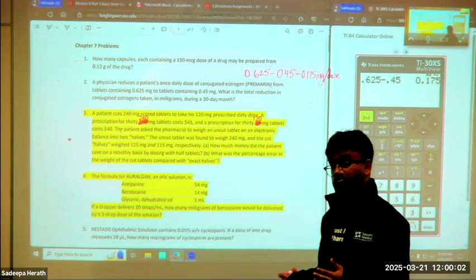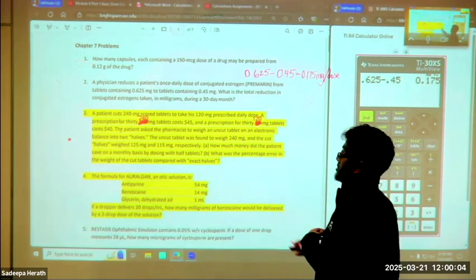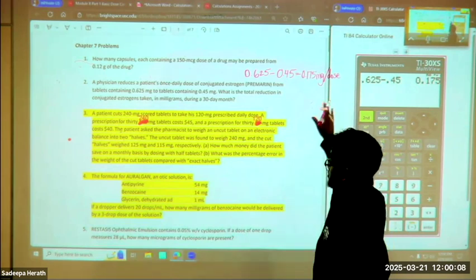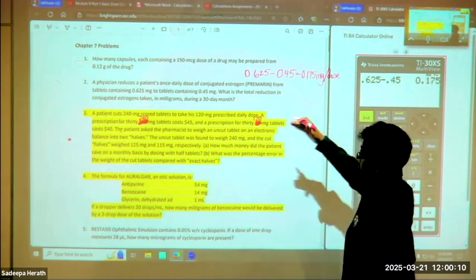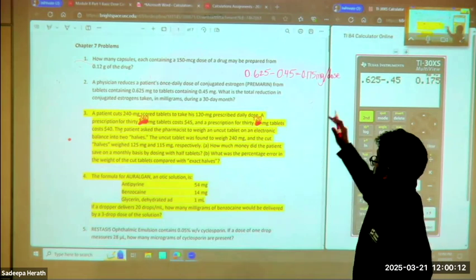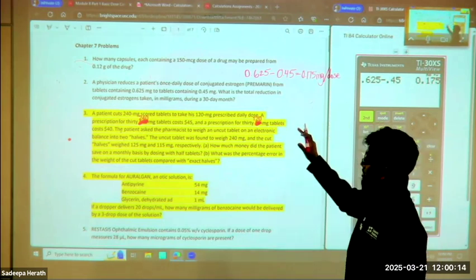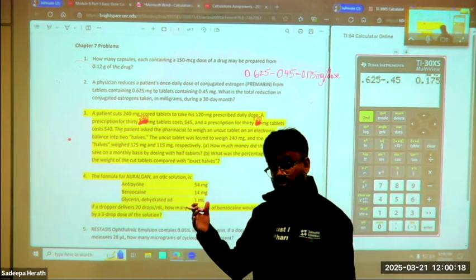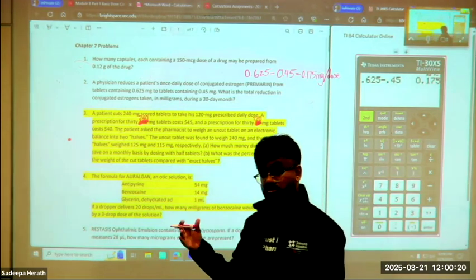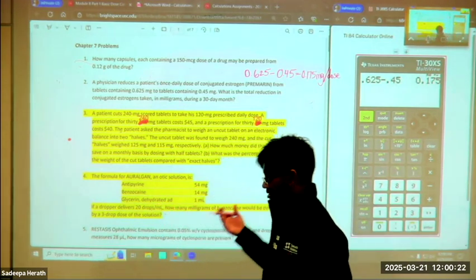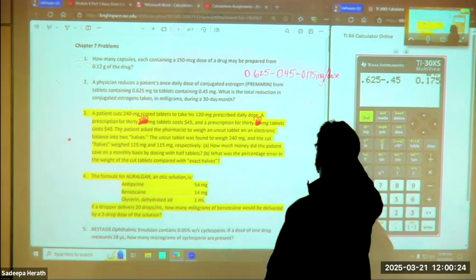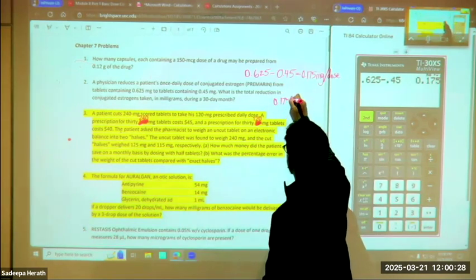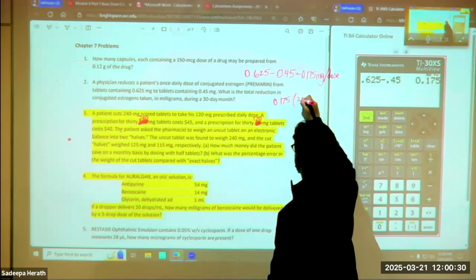So we really need to make sure we're reading that. Luckily, this is just a once daily dose. So now this is per dose, basically per day. We want to know how many milligrams it will be for 30 days. And since each day is one tablet, we'll just multiply it by 30, right? So 0.175 times 30.